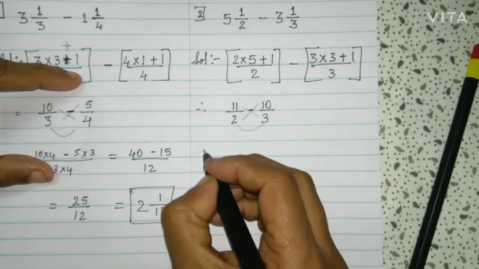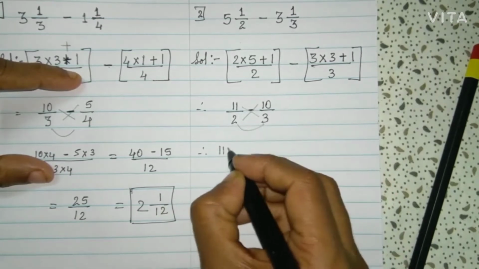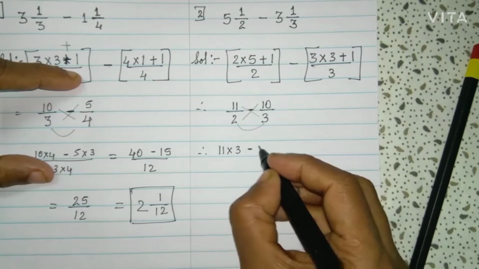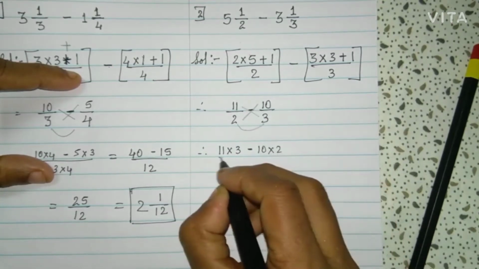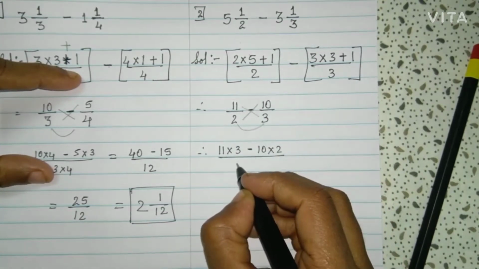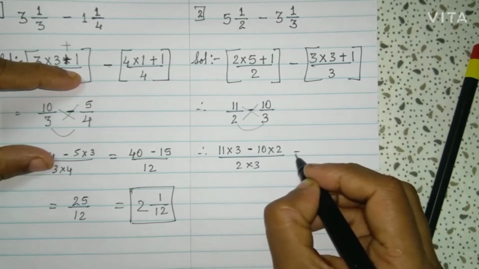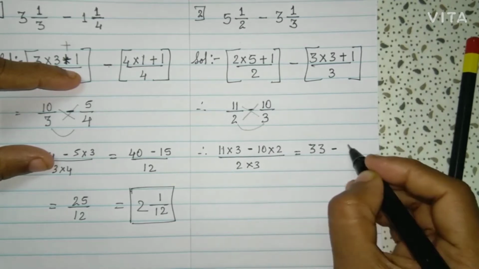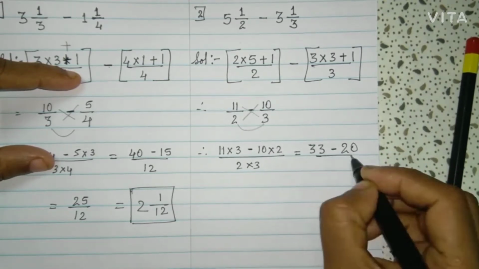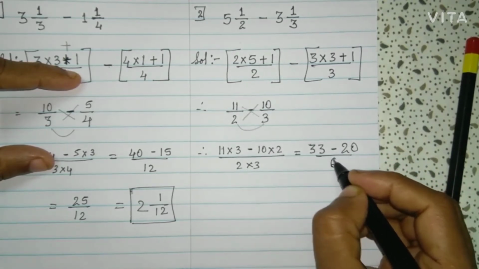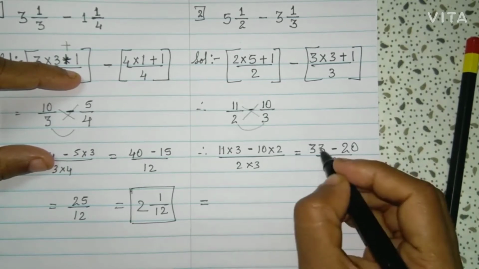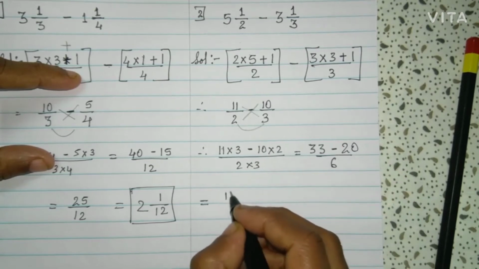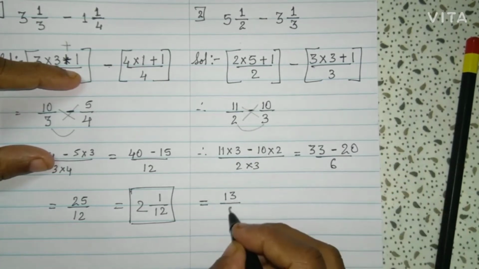So, cross multiplication: 11 into 3 and minus 10 into 2, then back to denominator 2 into 3. So, 11 3s are 33, 10 2s are 20 upon 2 3s are 6. So, we get 33 minus 20, 13 upon 6.